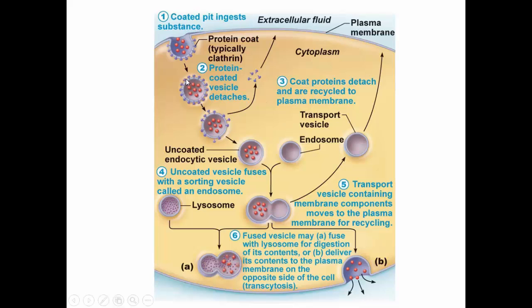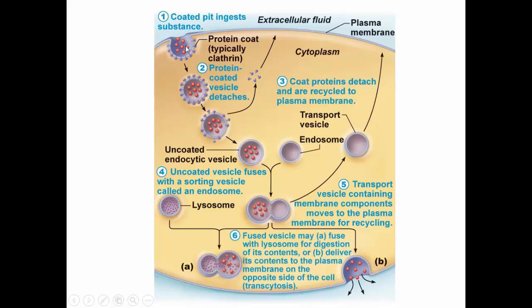Now here you see some different ways that vesicles are used in the cell. Here is endocytosis with a clathrin-coated vesicle. As it comes in, the proteins detach so they can be reused to net up another vesicle if we need to. This uncoated vesicle can now fuse with a lysosome, and we can digest the material in here and turn it into nutrition.